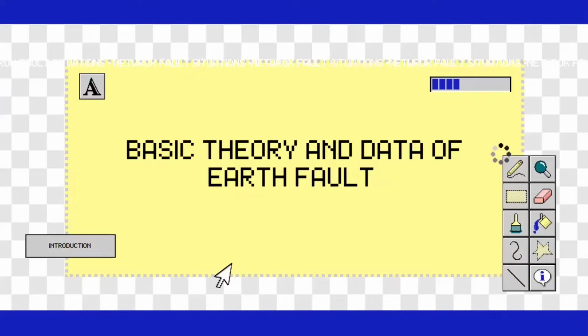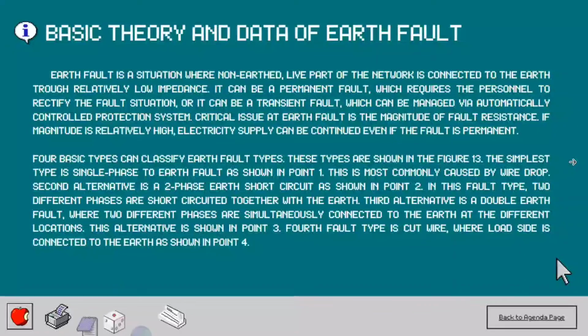Moving on to the basic theory and data of the earth faults. An earth fault is a situation where a non-earthed live part of the network is connected to the earth through relatively low impedance.